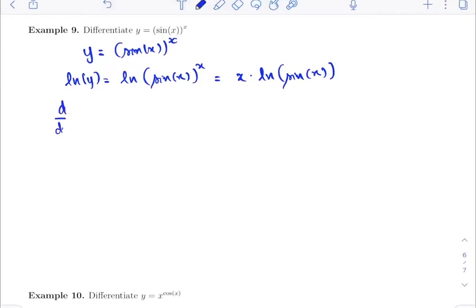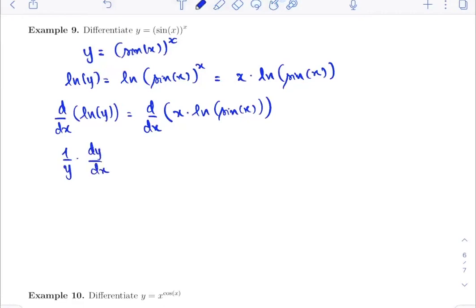That is d/dx of ln of y equals d/dx of x times ln of sine of x. Again, the left-hand side remains the same as for most of the functions. You have 1 over y times dy/dx.